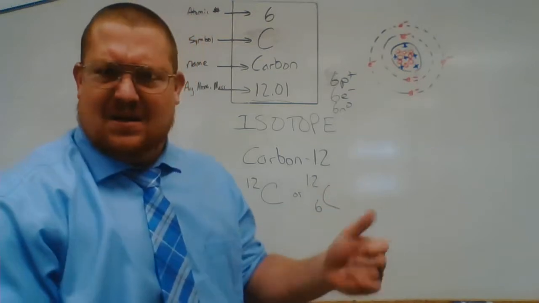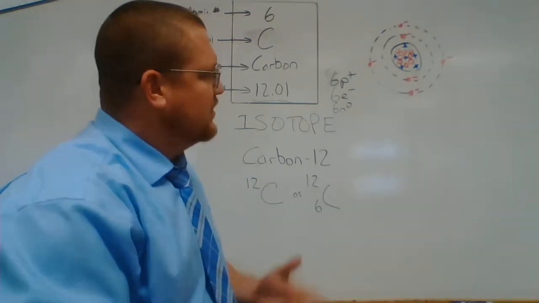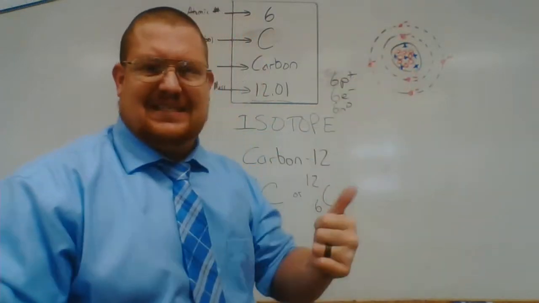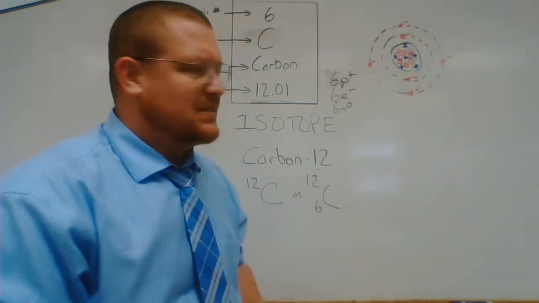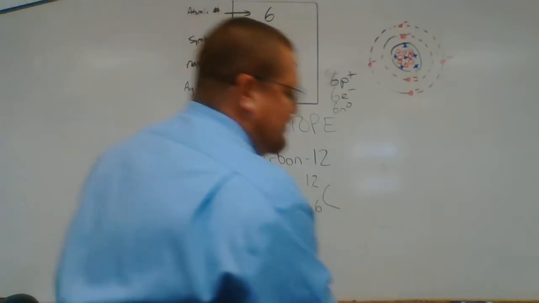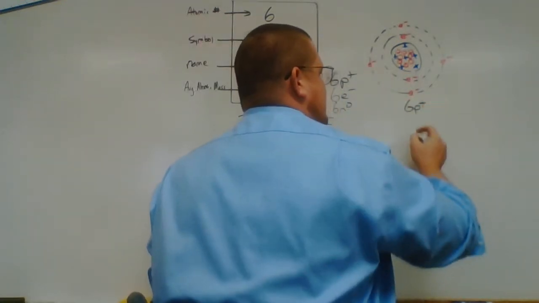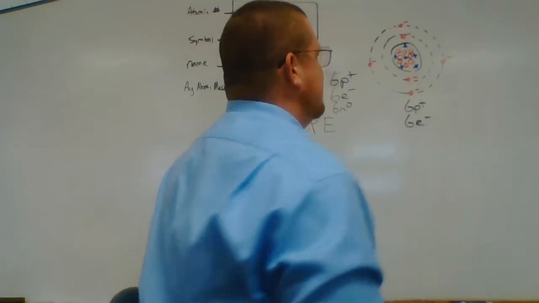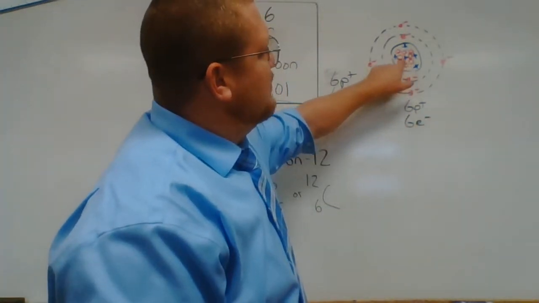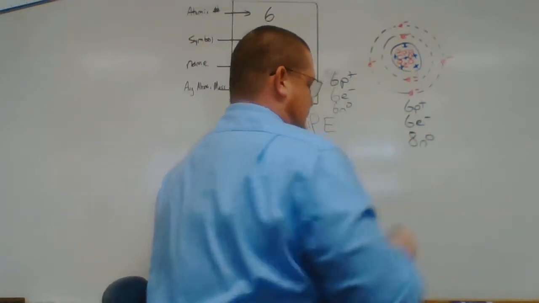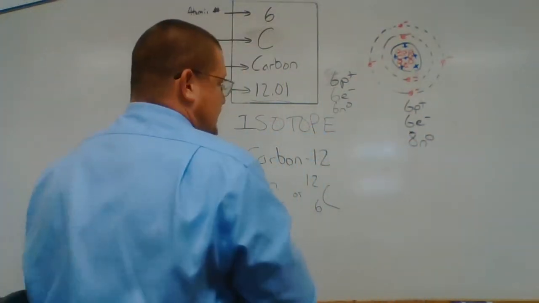Did it change our balance positive negative situation? Well, I had 6 positives still. Still got 6 negatives. Still balanced. Nothing's changed. So as of right now, I still got 6 protons, I still got 6 electrons. But now I got 8 neutrons.